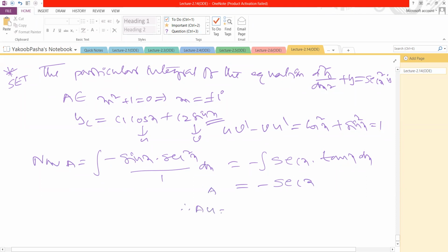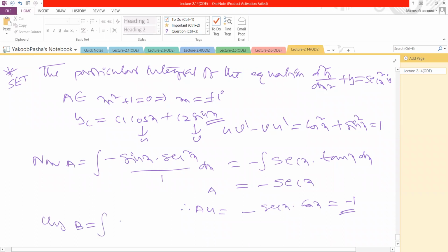Therefore, u is equal to cos x, A equal to minus secant x. So minus secant x into cos x is equal to minus 1. The AU value is minus 1. Similarly, we can find the B value.